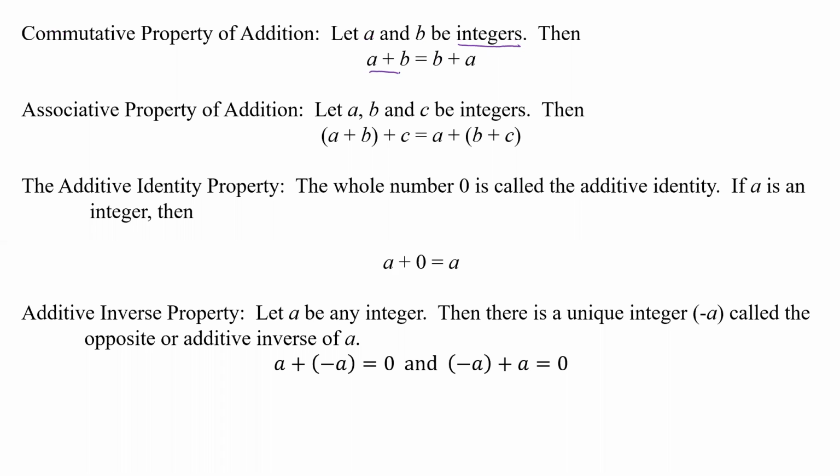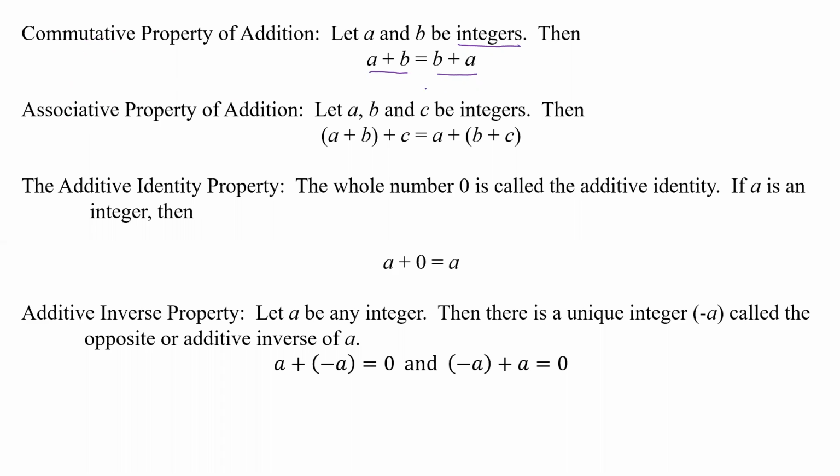So then we can take A plus B, and that's the same thing as B plus A. And you'll notice this as we move through the book, a lot of this stuff is the same each section or each chapter, and the only thing that changes is what our numbers are: basically whole numbers, integers. We'll go to rational numbers. We'll have all kinds of things, and we're going to have these same properties. And so basically those properties work for any kind of number as long as we're doing addition or whatever. So that was the commutative property.